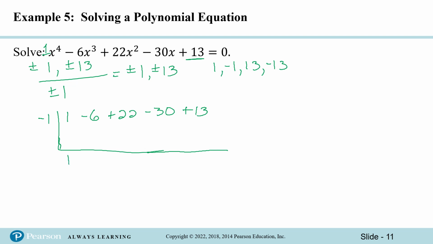So now I'm just going to do synthetic division: -7, 7, 29, -29, this is not looking good. -59, 59, yeah, that's not going to add up to 0. So we can cross out -1.